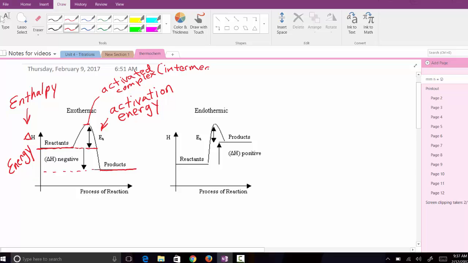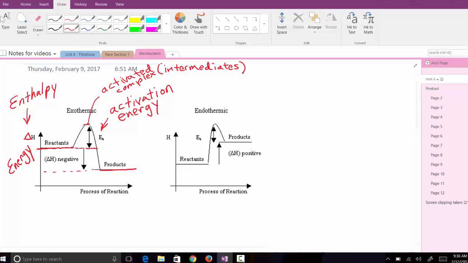In other words, intermediates are things that are formed during the process of a reaction, but then they're also consumed during the process of the reaction. So they're substances that are not reactants and they're not the products. They're just an intermediate thing that is formed as the reaction progresses.